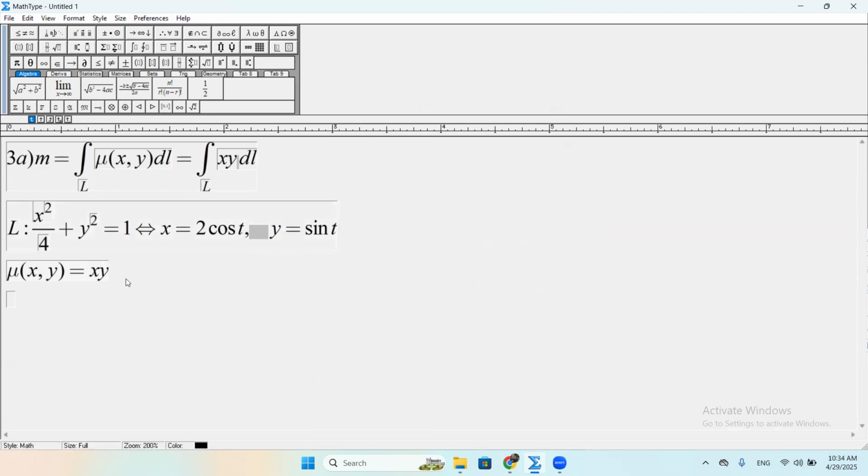Then mu of x, y will be equal to mu of t, which equals cosine of t, sine of t. Okay, and what about the limits of integration? t changes from 0 to p over 2. It is better to integrate trigonometric functions than a lot of square roots.